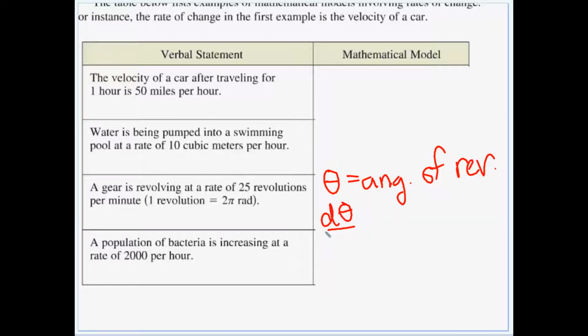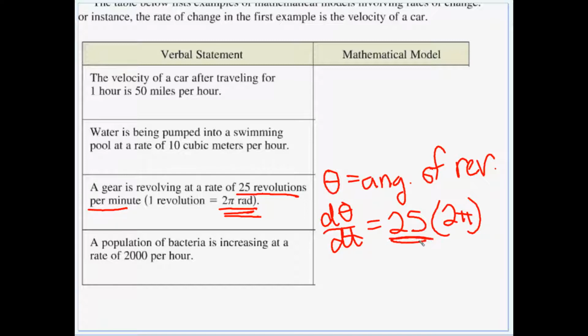That would be the derivative of theta with respect to time. And now here it's doing 25 RPM, so that's going to be a 25. And then each of those rotations is 2 pi radians. Remember, we're talking about how an angle is changing. So we need its rotations and the value of each of those rotations. And if we multiply there, we're going to get 50 pi rad per minute.